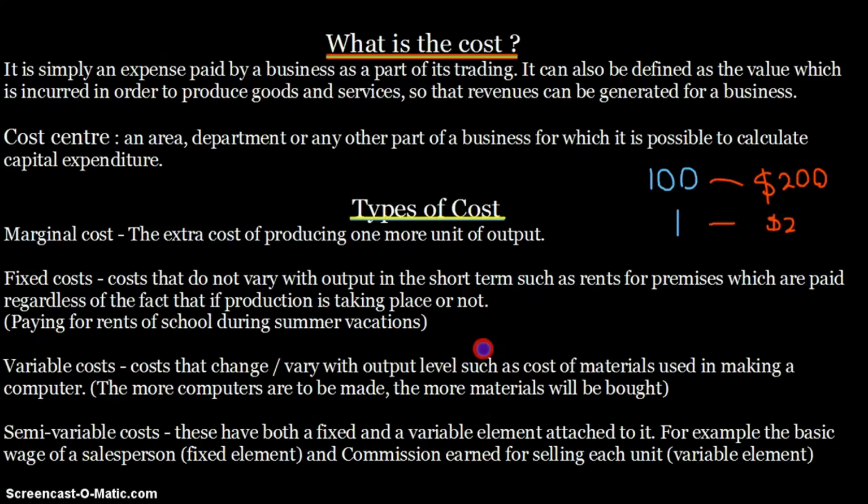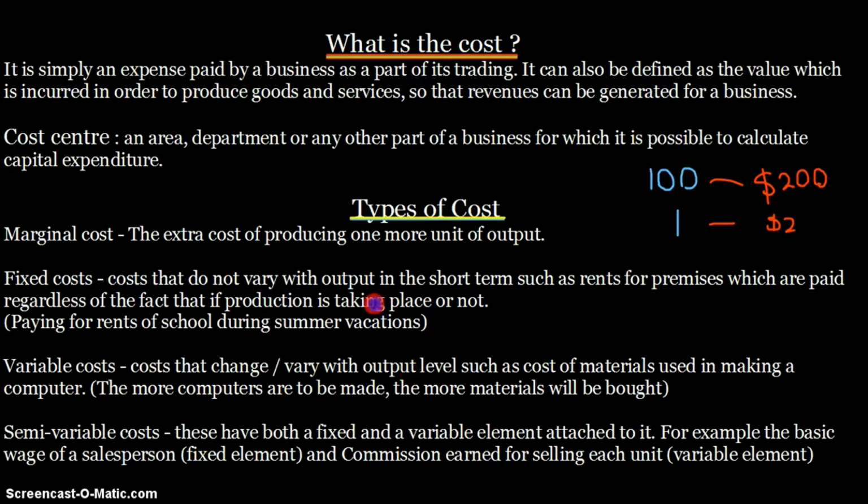If you are producing 100 computers, you will need to purchase 100 components as well. So if the variable cost for each component was $5, the total variable cost will be $5 multiplied by the level of output, that is 100 units, so $500. I hope you get the idea.